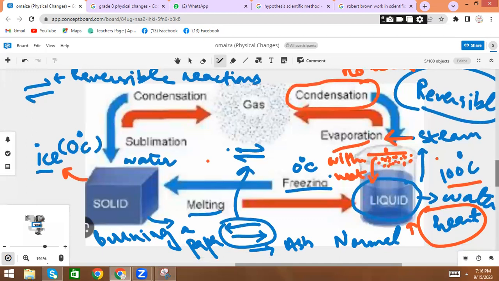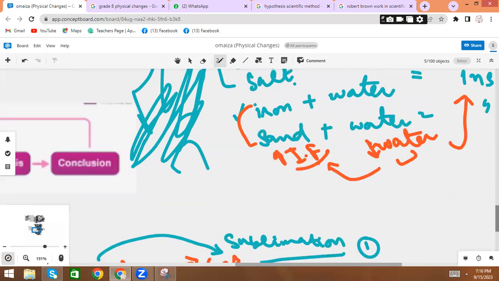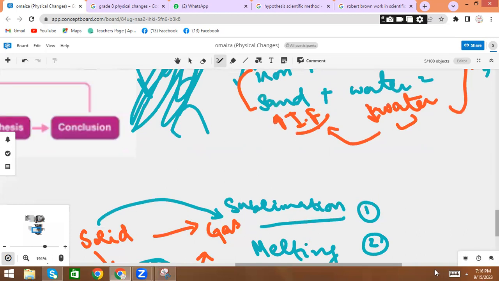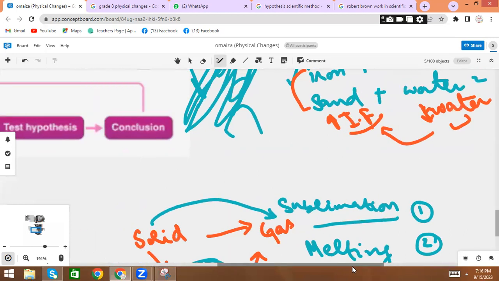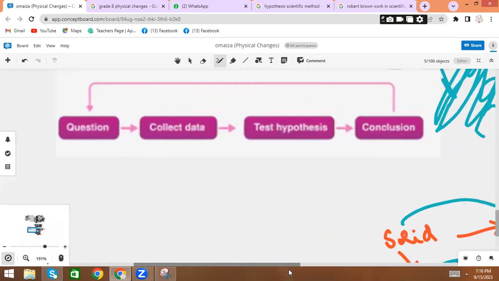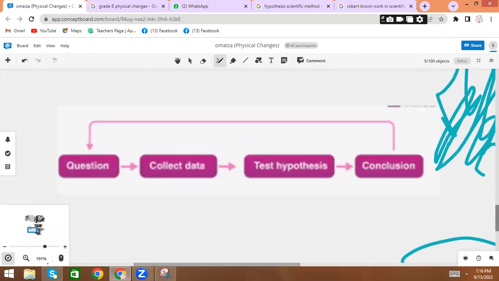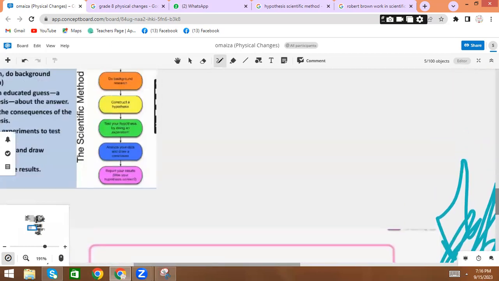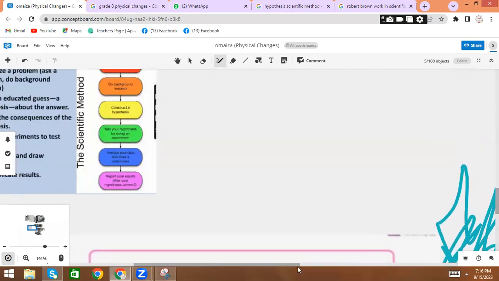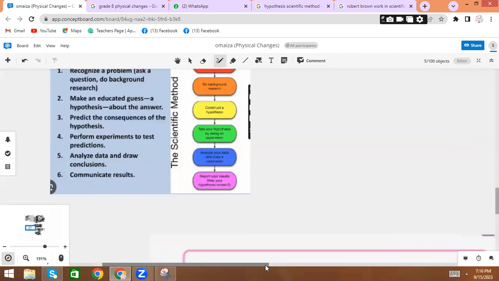The other most important topic in this physical changes unit was the scientific method. Have you discussed this in your school? The observation, hypothesis, theory.